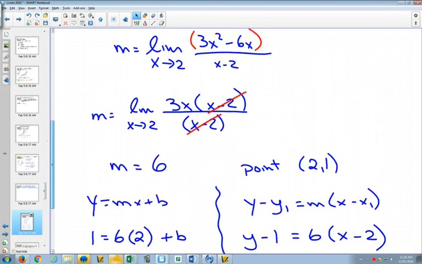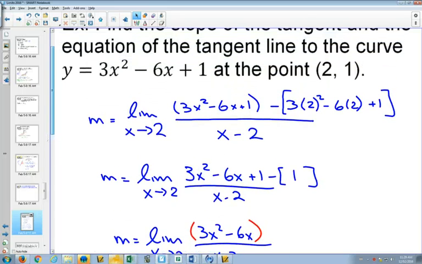When we plugged in everything earlier, limit as x goes to 2, it was f of x minus f of a, and in this case our a was equal to 2, because that's when we wanted to find it out. Now, when we plugged it in, f of x was easy because that was given to us, and we actually calculated and plugged in 2 to calculate what y would be. Can you see where in the question that was given to us that we wouldn't have had to do that?